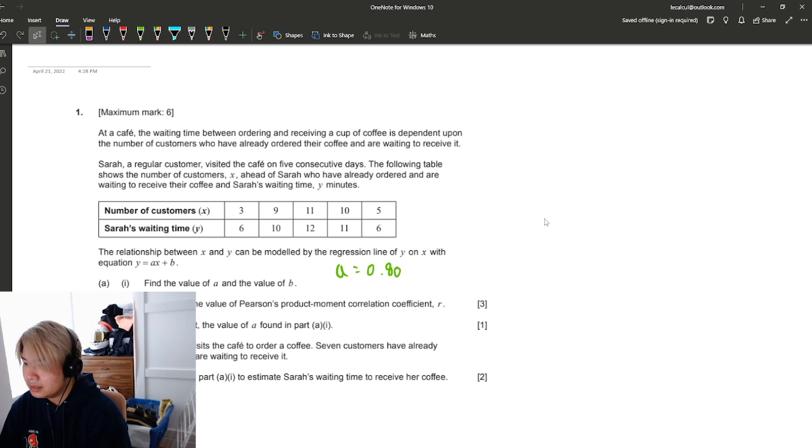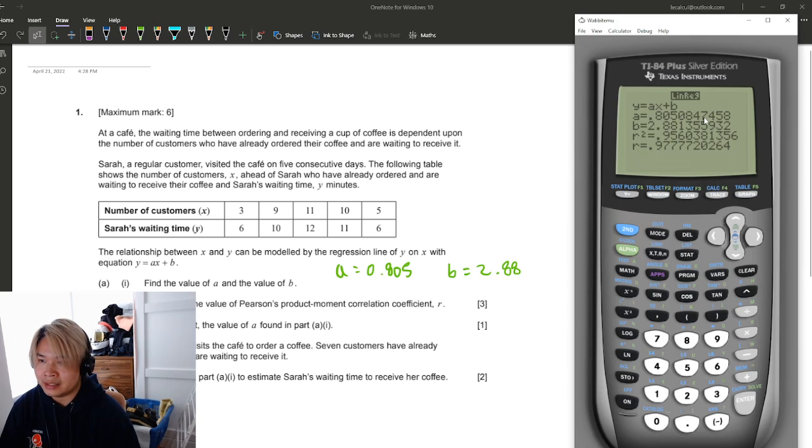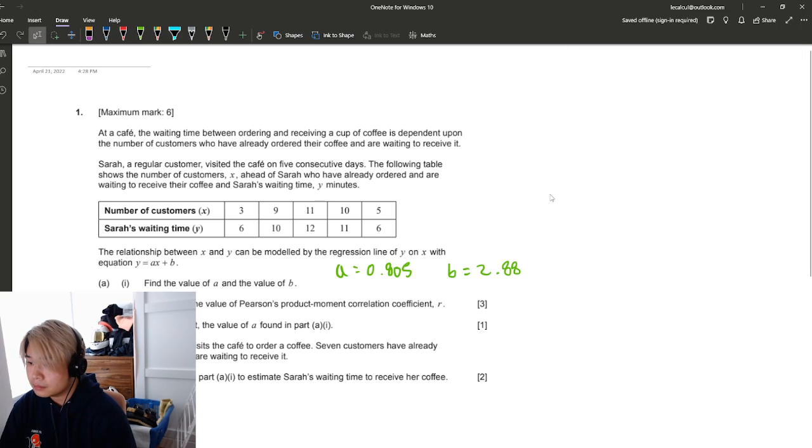For paper 2, for math, we always use 3 significant figures or exact values, but these aren't exact values, so we're just going to round to 3 significant figures. Okay, what's next? Pearson's correlation coefficient R, so that's 0.978. Easy enough.